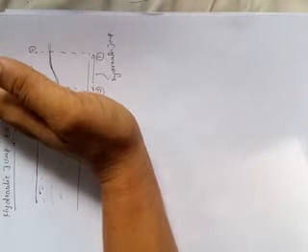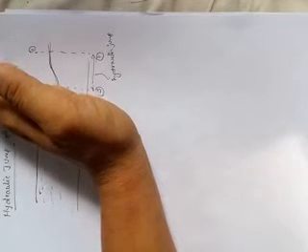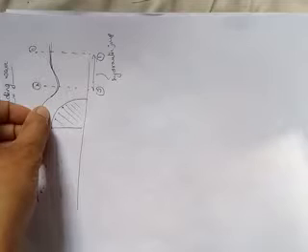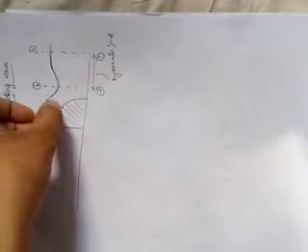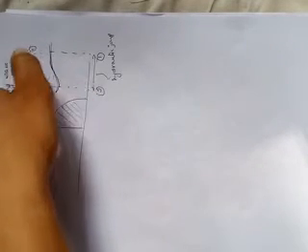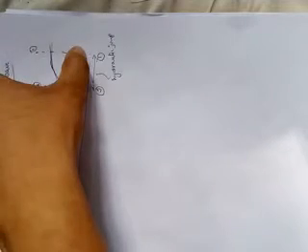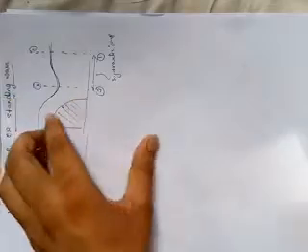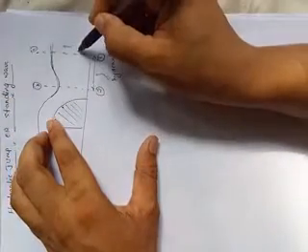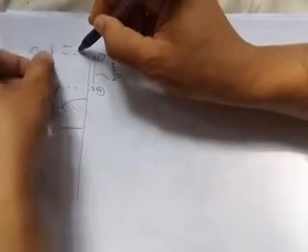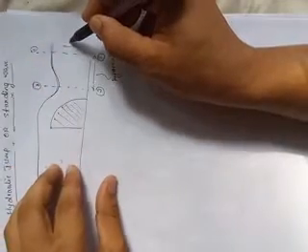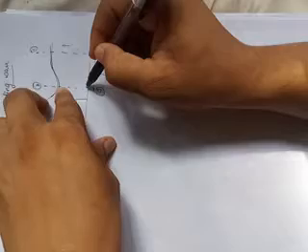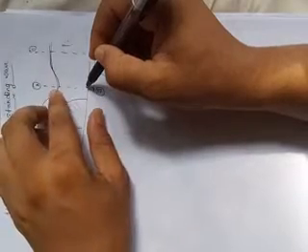When the flow passes from supercritical to subcritical, see, this is the subcritical. When the depth of the flow is higher than the critical depth, it is a subcritical flow. When the depth of the flow is lesser than the critical depth, it is a supercritical flow.